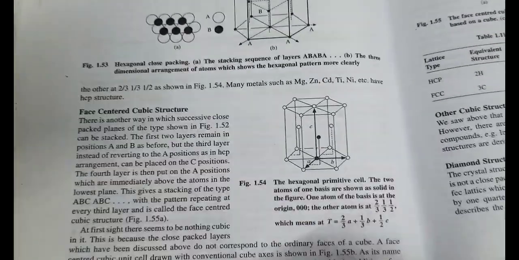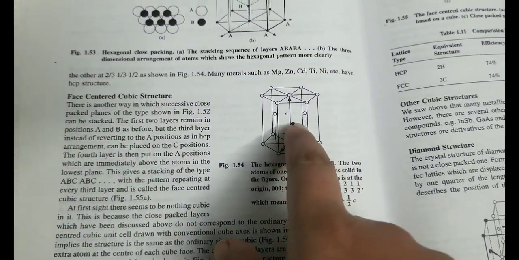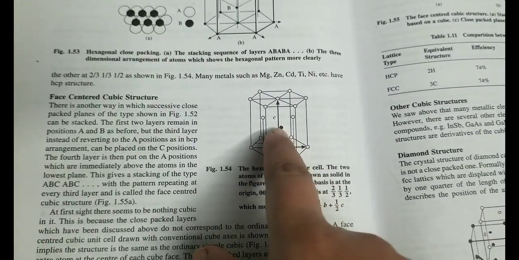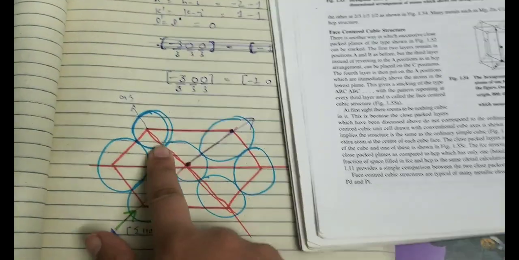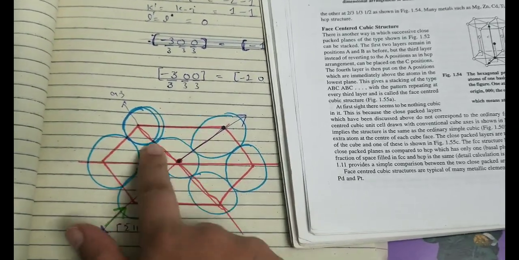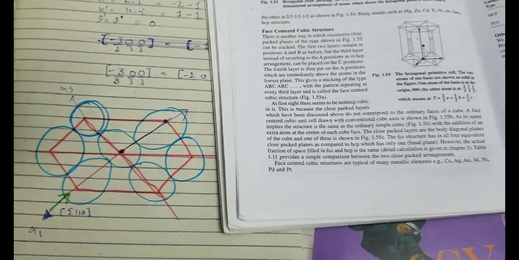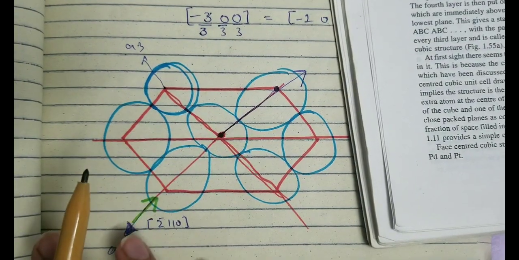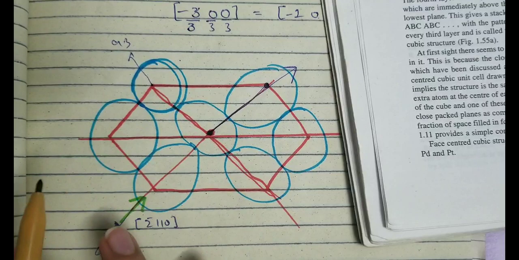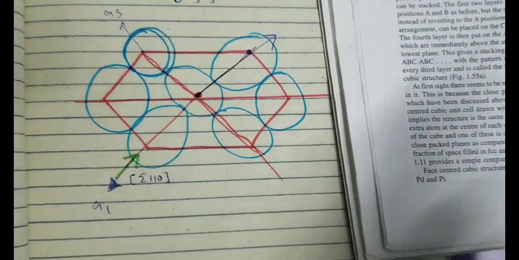We can see in the middle plane there are three atoms, located in these positions. We'll draw these atoms in some other color. I'm first drawing the lattice points, and then we'll draw the interstitial sites.